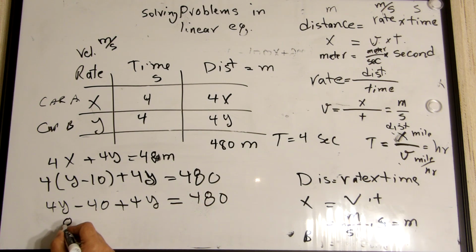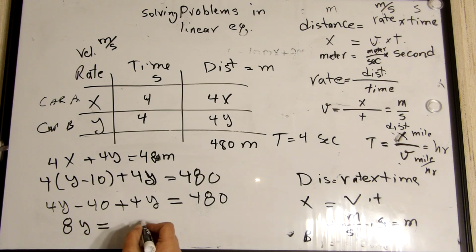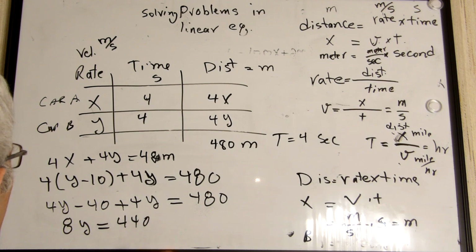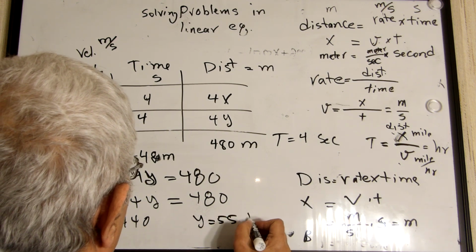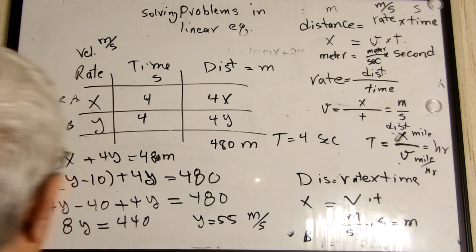It's going to be 8y is equal to 440, and you divide this: 440 divided by 8 is going to be 55. Y is going to be 55 meters per second.